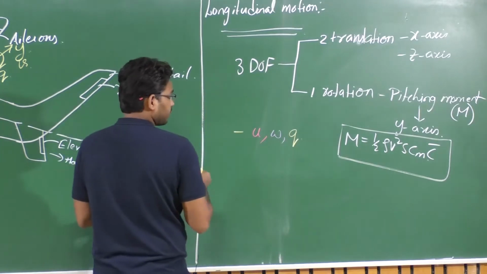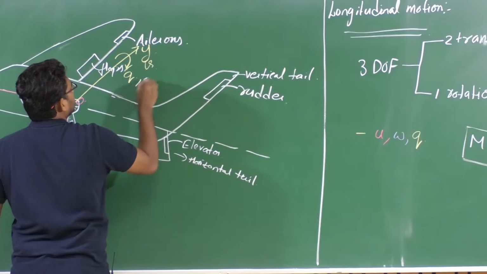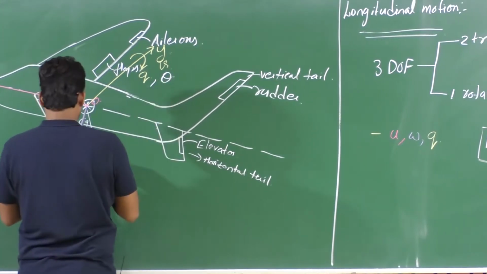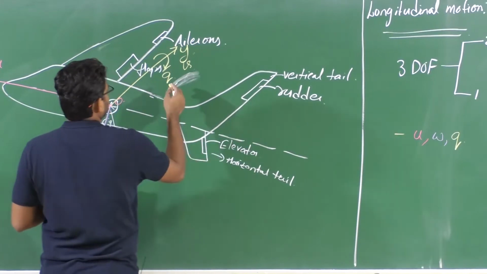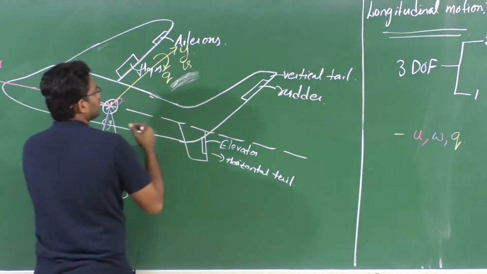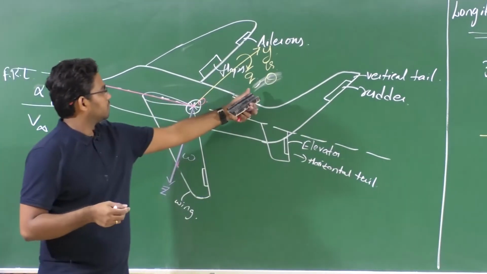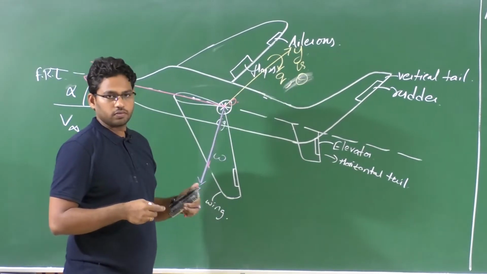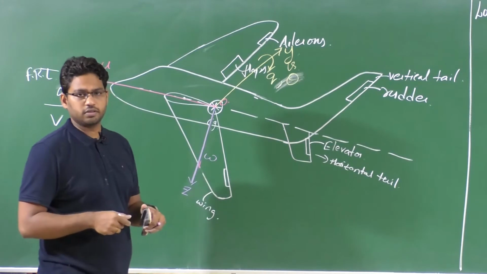So this pitching moment creates a change in orientation, theta, right? Because we have a rotation about y-axis, which changes the orientation of this aircraft, given by theta, and the rate at which this theta is changing is q, when there is no other rotation involved.